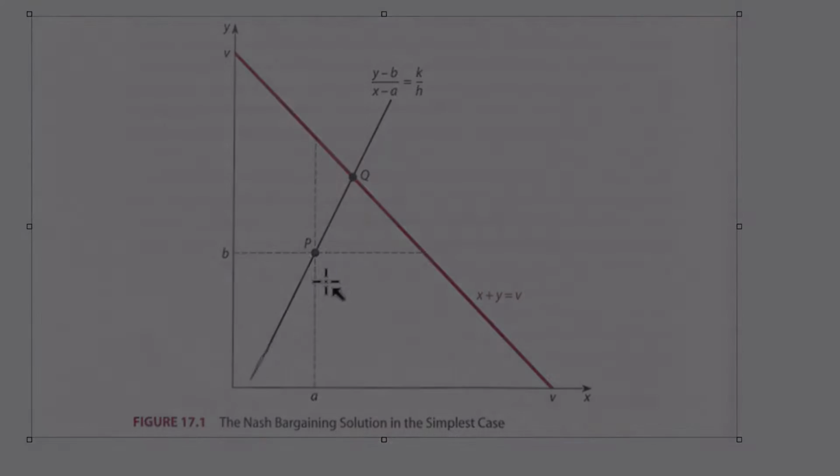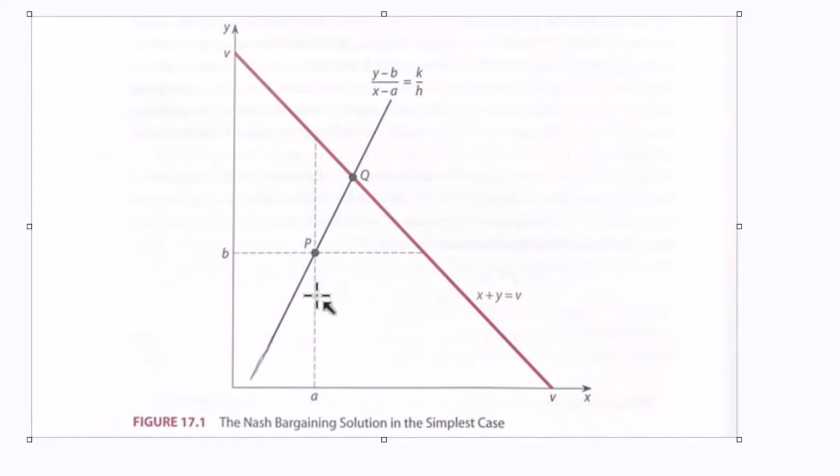Here, this point P, where players A and B would be in their initial outcomes should they not reach a bargained solution. And therefore, we know if there's a bargain solution, it's going to be up in this range here for player A and player B. But how is it split, right? If all of the surplus goes to player one, they'd go from A all the way over here.